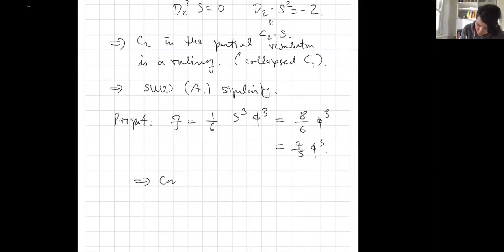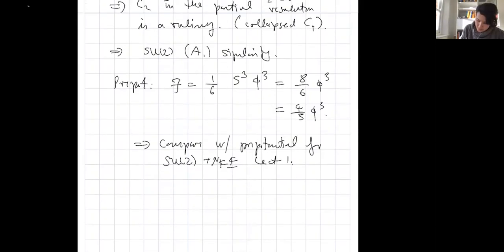So compare with the prepotential for SU2 and the flavors from lecture 1, and you'll find that this corresponds to exactly an SU2 theory with N_F equal to 0.